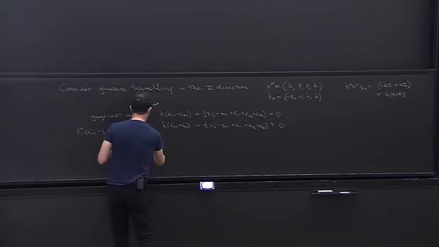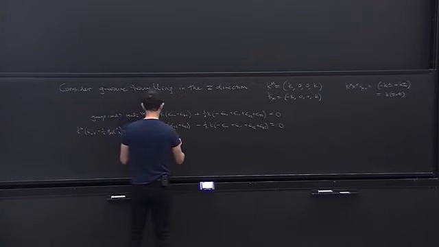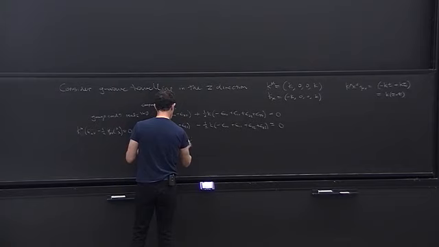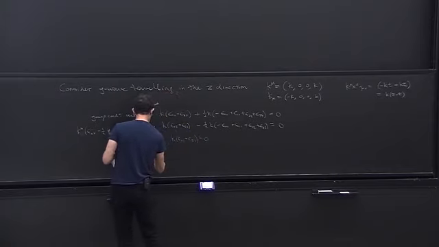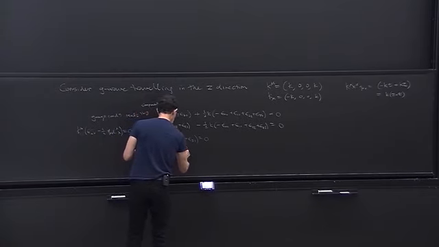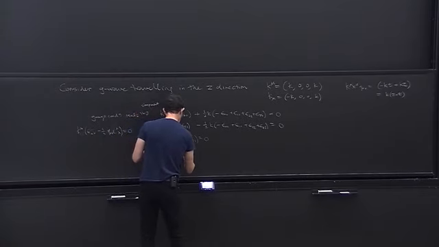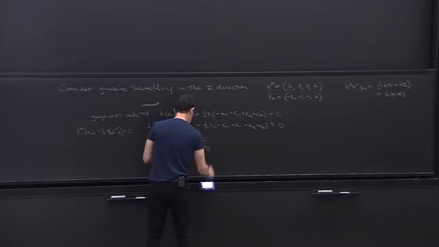And then if I look at ν equals 2, I get k times ε_01 plus ε_31 equals 0. And ν equals 3, I get k times ε_02 plus ε_32 equals 0.